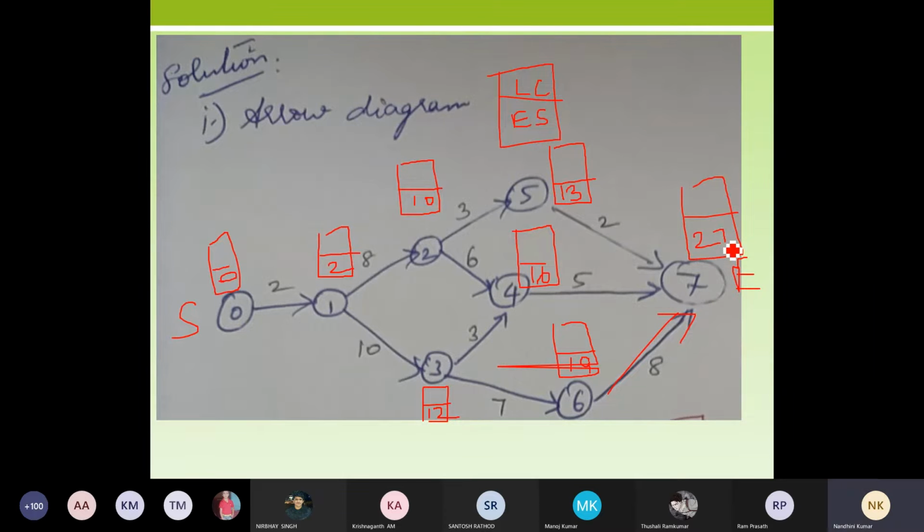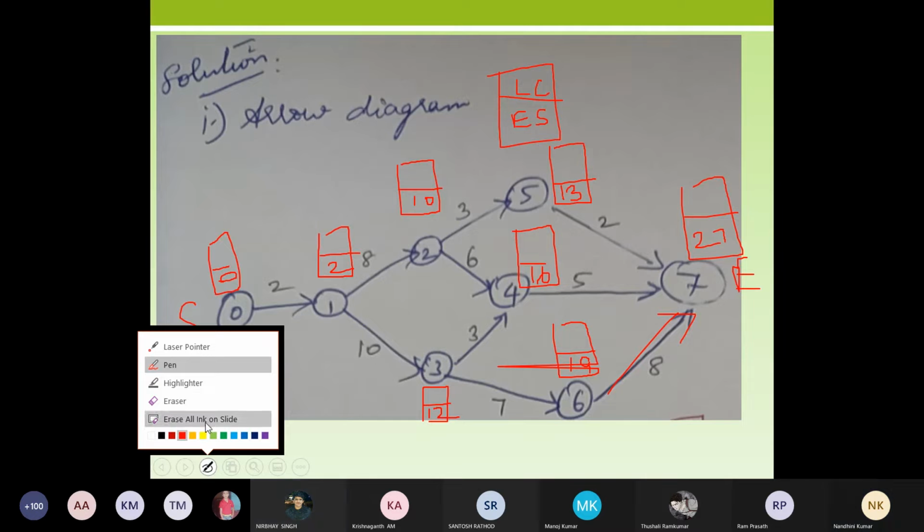Have you all calculated it? Yes, ma'am. Okay. Now I want you to calculate in reverse, that is the backward pass. So you can calculate and tell me the values, and I'll enter the values in the upper part of the boxes. Ma'am, I have calculated.